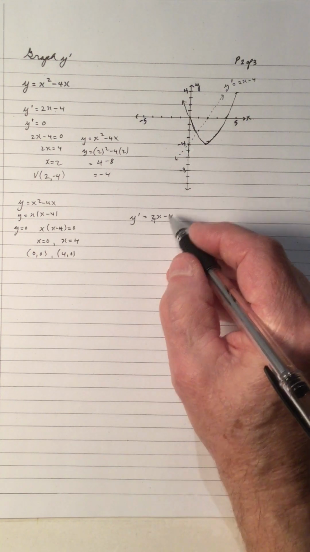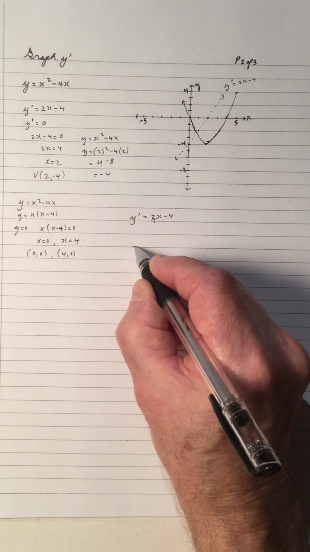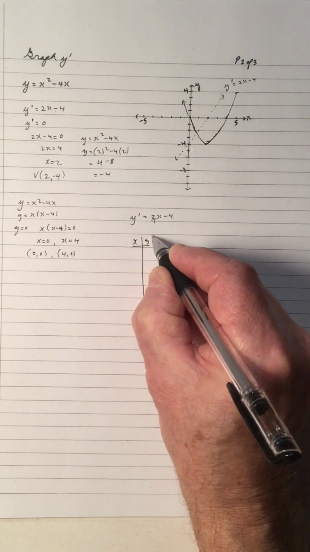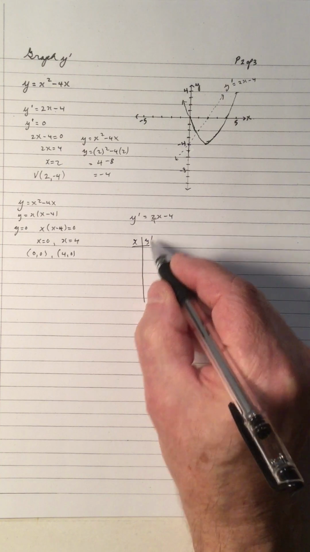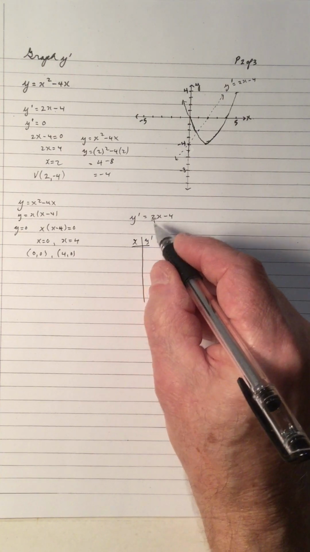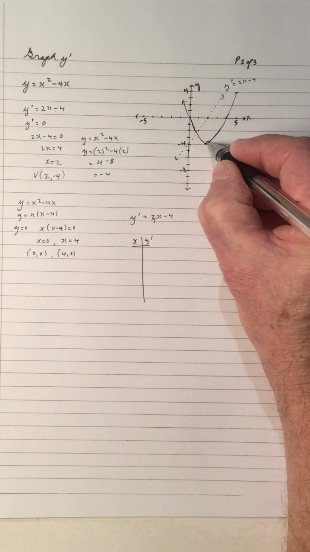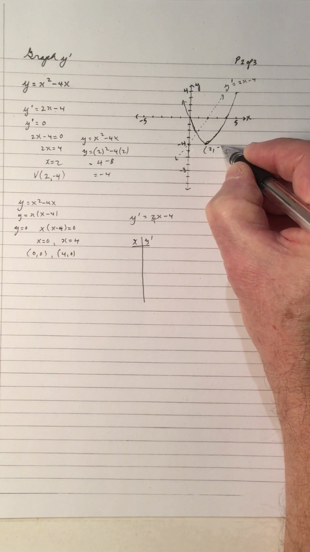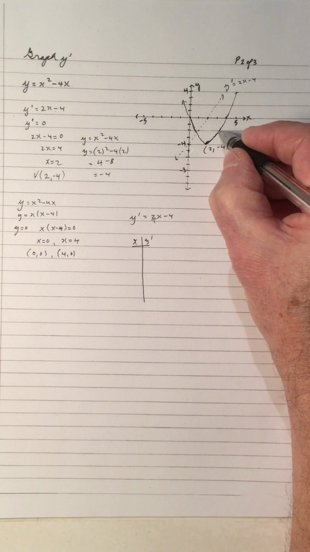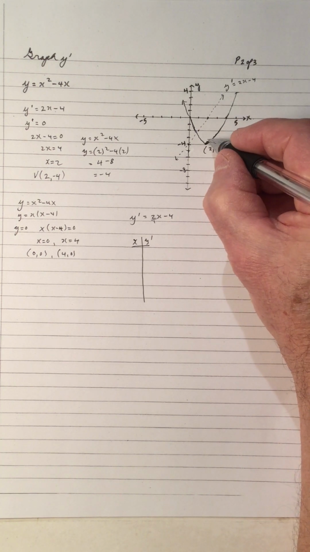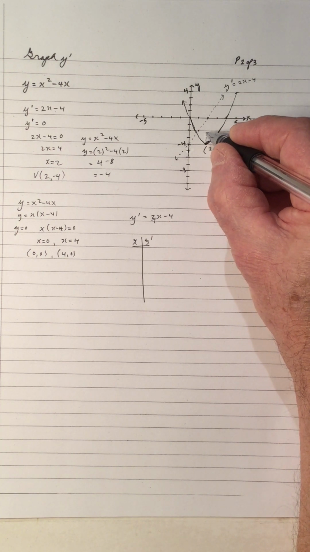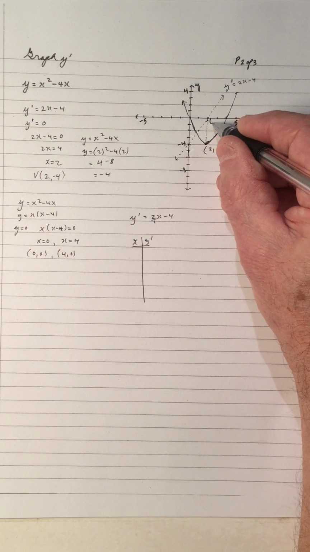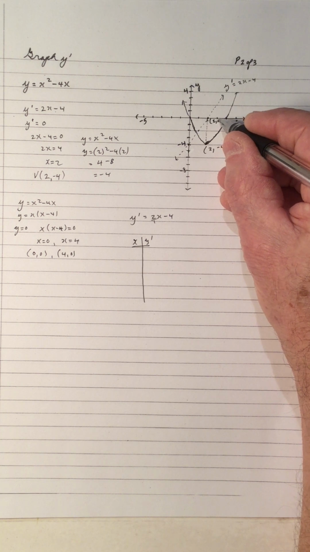If you think about it, I'm going to label this x and y prime, even though I graphed it like here. This vertex is 2 and negative 4. If you have a vertex, you drop the perpendicular to this line. So this is the point 2, 0.